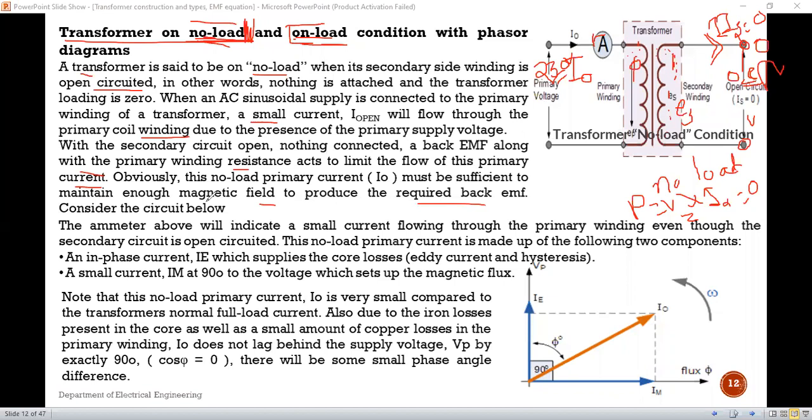So this sufficient current will be taken from the supply at the no load condition. Now see, consider the circuit below. The ammeter will indicate a small current flowing through the primary winding even though the secondary circuit is open circuited. Okay, जरी secondary circuit open circuit असेल, then also some primary current will be flowing, त्याच्यामधून primary current काहीतरी flow होतोय.